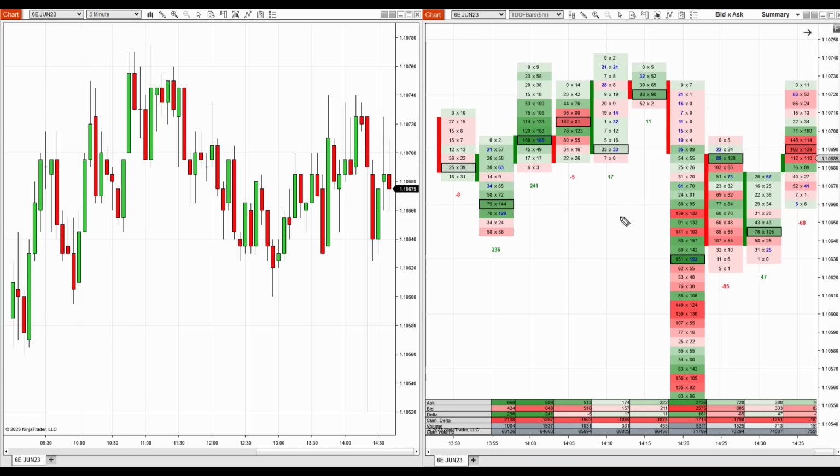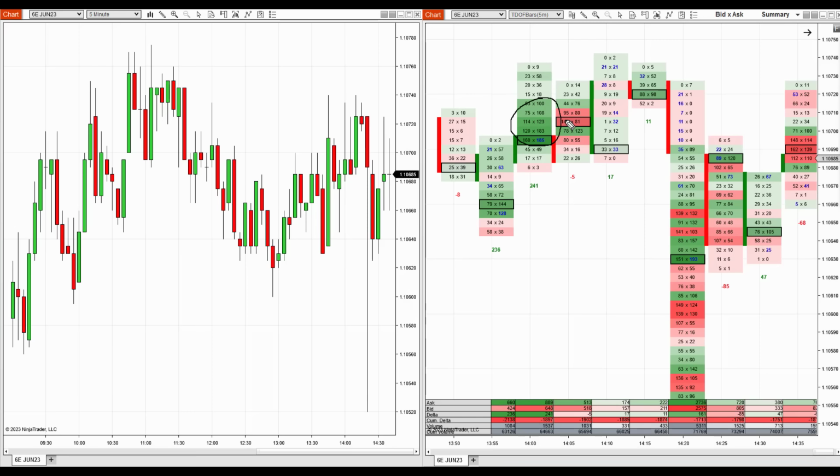Also, this setting tells us right away who was more aggressive within each cell, whether aggressive buyers or aggressive sellers. So for example, in here, all those cells are in green, which means that in here, buyers were more aggressive, right? That's why all this is green, right? So that's why I prefer this kind of order flow chart, because it gives you the important info right away the second you look at it, all right?